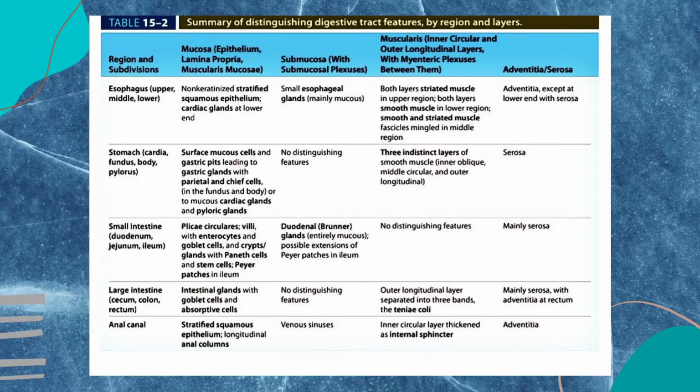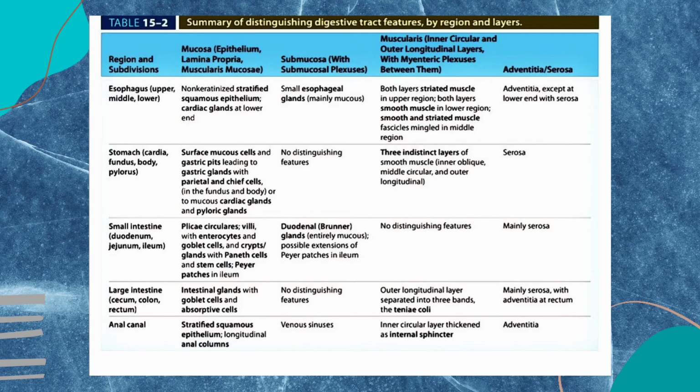So, let us proceed to our table, which shows the summary of distinguishing digestive tract features by region and layers. What are the regions and subdivisions? We have the esophagus, which was reported by Miss Dana, the stomach, small intestine, large intestine, and the anal canal. Here also are our layers: the mucosa, submucosa, muscularis, and the serosa. In the mucosa, our esophagus has stratified squamous epithelium and cardiac glands.